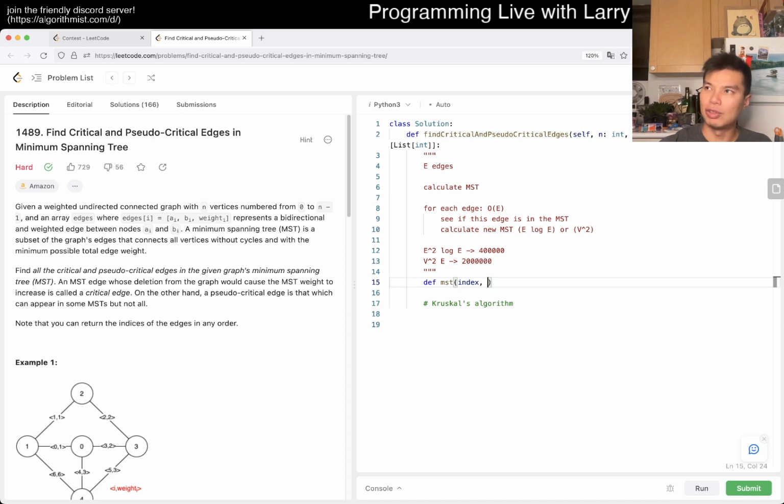Then we calculate two MSTs: one assuming that this edge is in the MST, and if that's true, then calculate whether the new one changes, and then calculate the MST without it. So for this one, I guess we can do something like use a keyword.